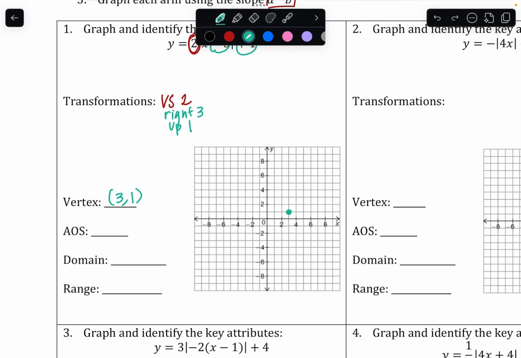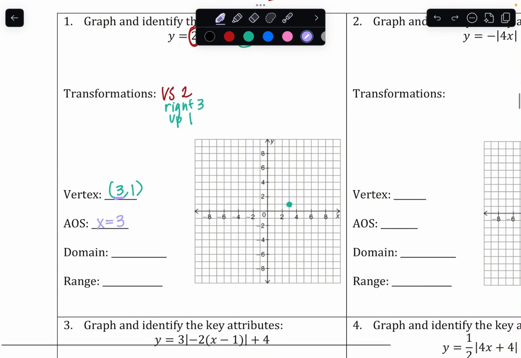And then the axis of symmetry, remember, is the vertical line that goes right through the vertex. And so once you have the x coordinate of your vertex, you have the equation for the axis of symmetry. It's going to be the same x value. X equals 3 because it's crossing the x-axis at 3. Domain, we talked about all real numbers all the time, so negative infinity to positive infinity.